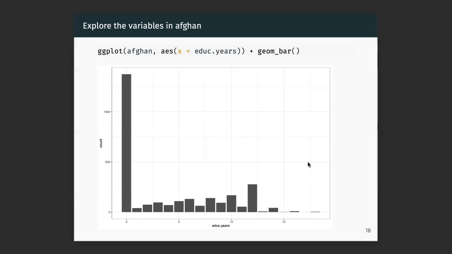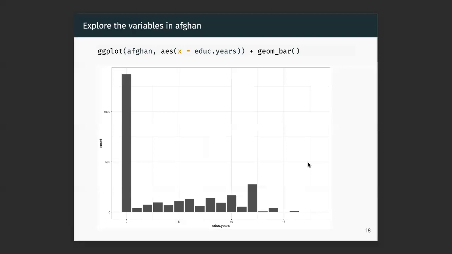With a very small number, we could think of 12 as typically being the high school education level. 12 years is typically what we would call the high school education level. So we have 270 or so respondents that report having at least 12 years of education. Very few report post-secondary education, that is, any college or higher, right?